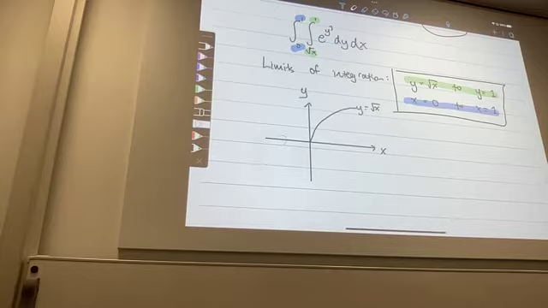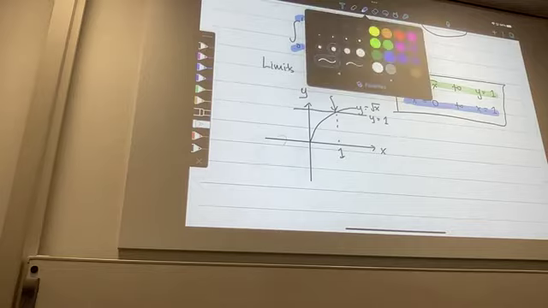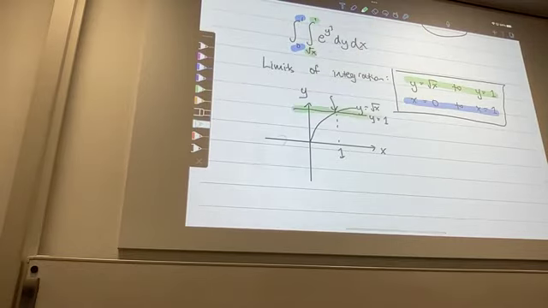So it goes from there to the line y is equal to 1. Okay, so here's the line y is equal to 1. And where do these two intersect? At 1. Okay, so we know that this point here is 1. Okay, and now I'm just going to do some colors so we can see. So we have those two.